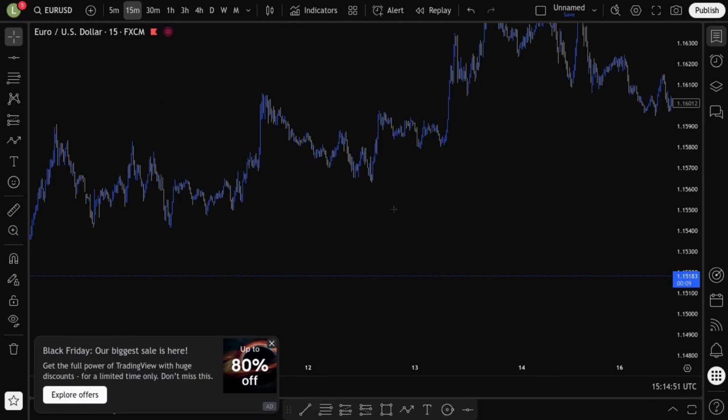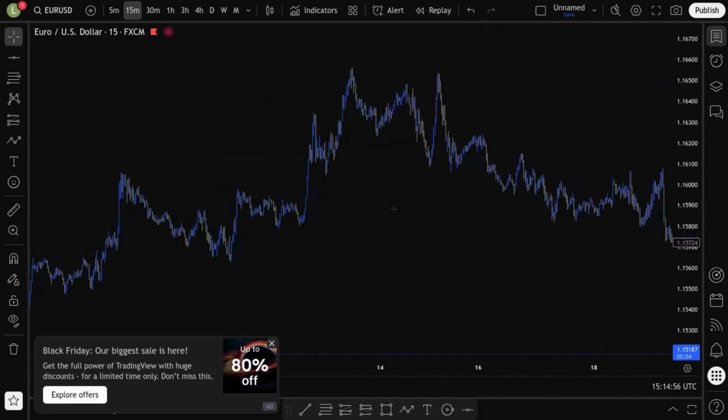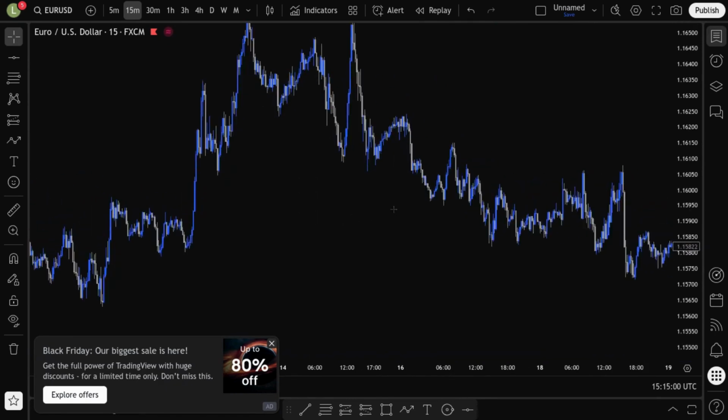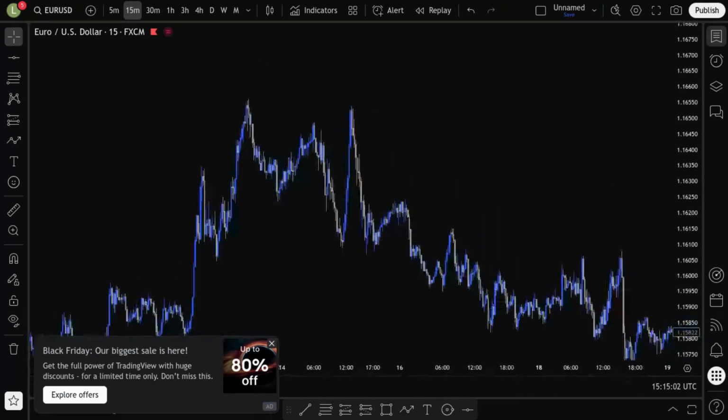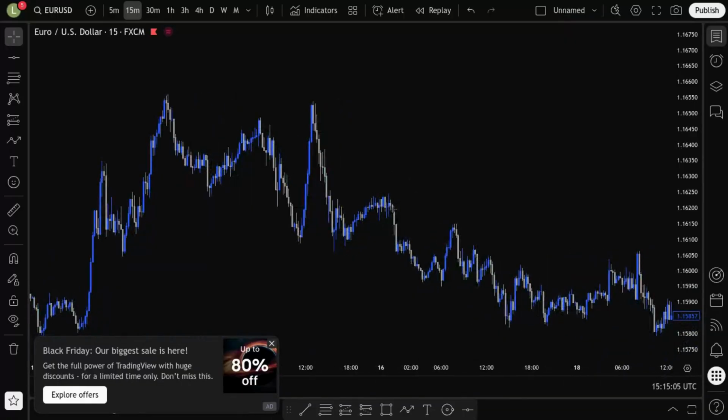So let's find a quick liquidity sweep. Good. So now this is the liquidity sweep, right? We are looking at it already.